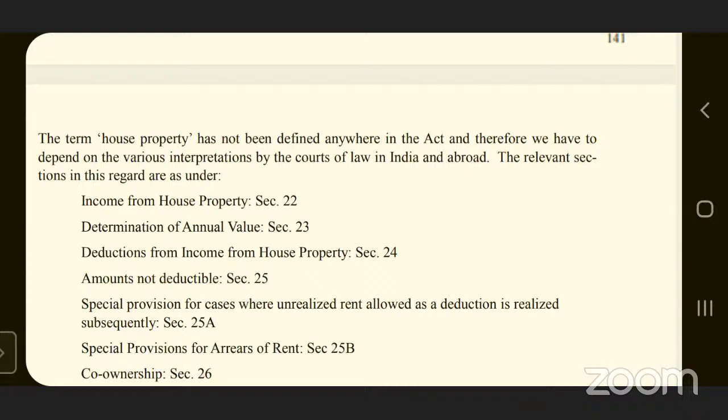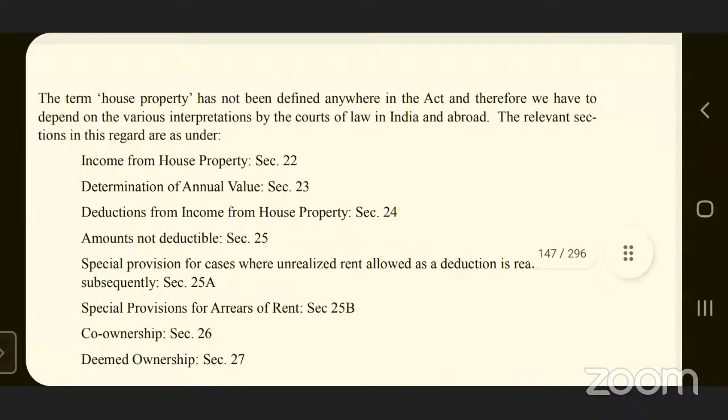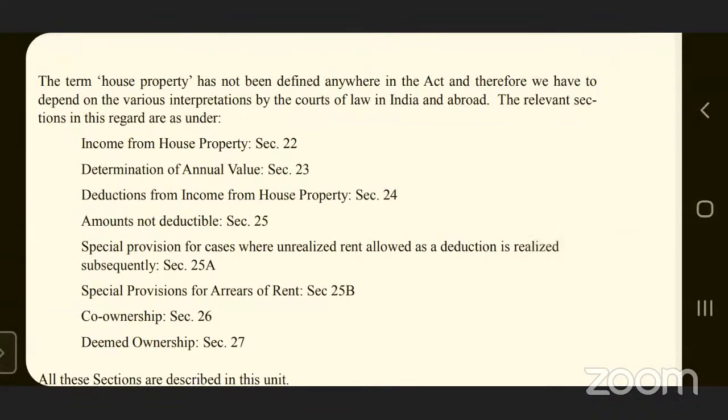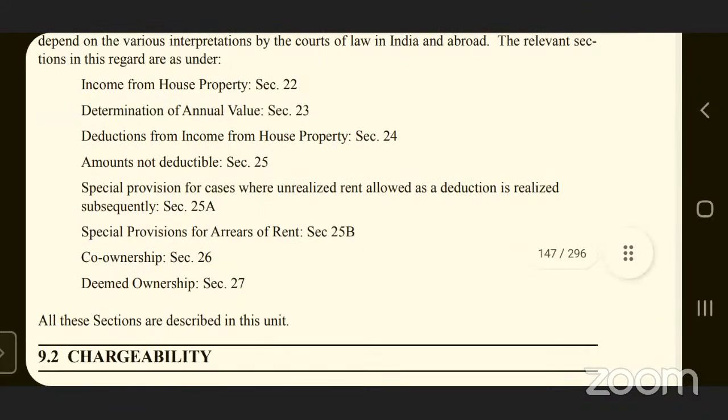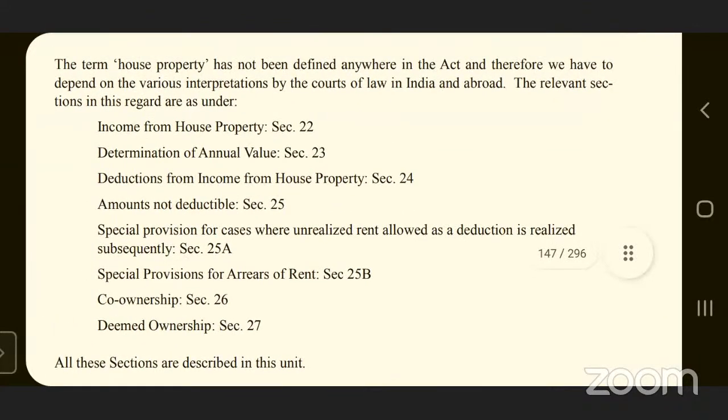And moreover, regarding income from house property, the relevant sections in the Income Tax Act are Section 22, 23, 24, 25, 25A, 25B, 26 and 27, which deal with income from house property.